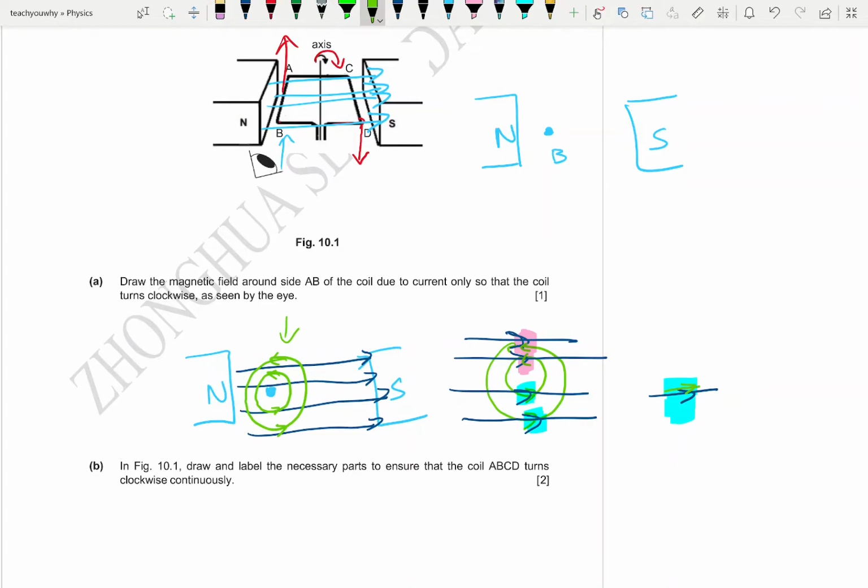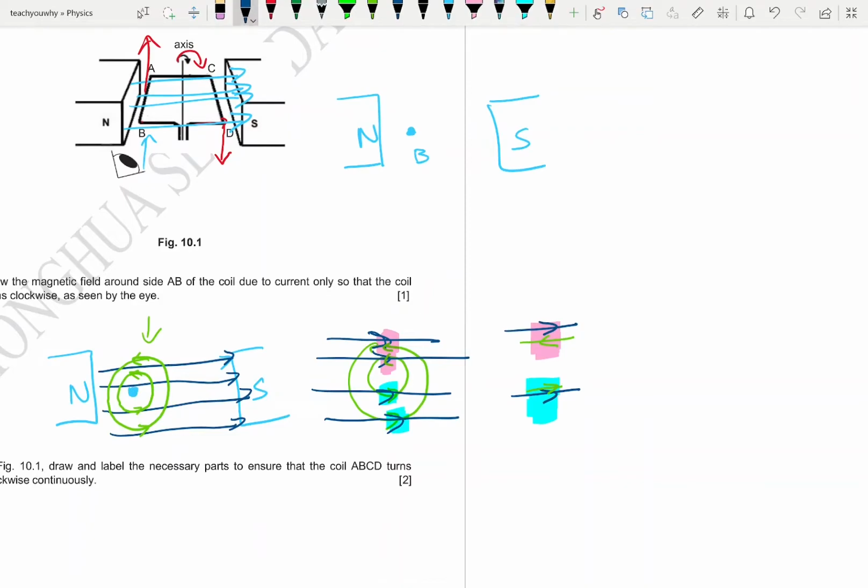And then the pink portion, what you notice is that the blue magnetic field and the green magnetic field oppose each other. And then the net effect is that we have a stronger magnetic field at the bottom, but a weaker magnetic field on top, which is as shown in the pink.